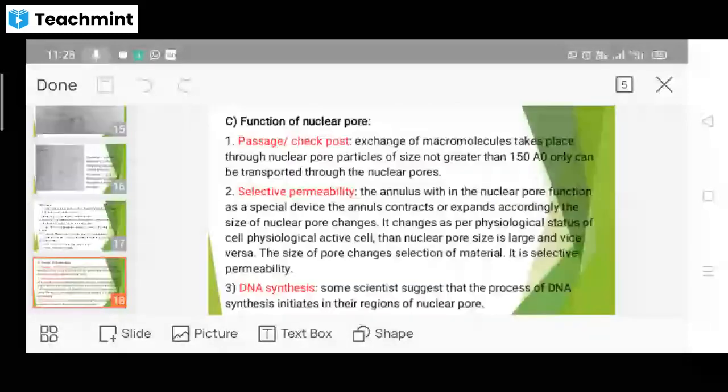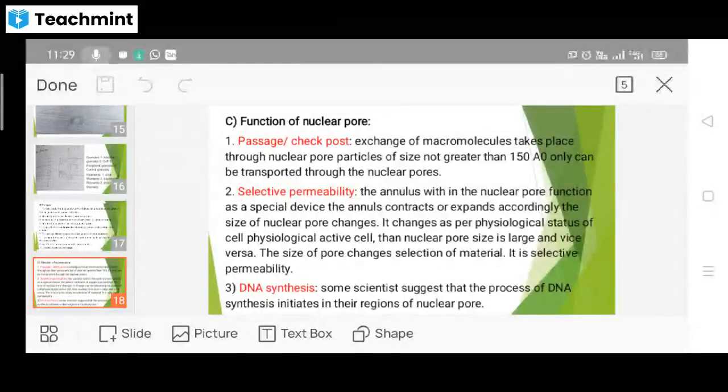Regarding the functions, the main function is that it is a check post according to the size of the particles. If the size is not greater than 150 angstrom units, only those particles are transferred through this checkpost. In this nuclear pore, selective permeability is carried out.